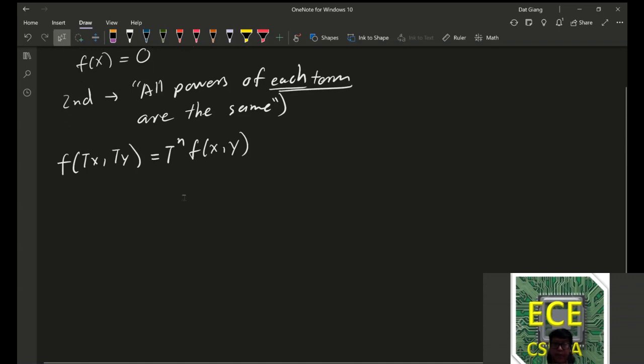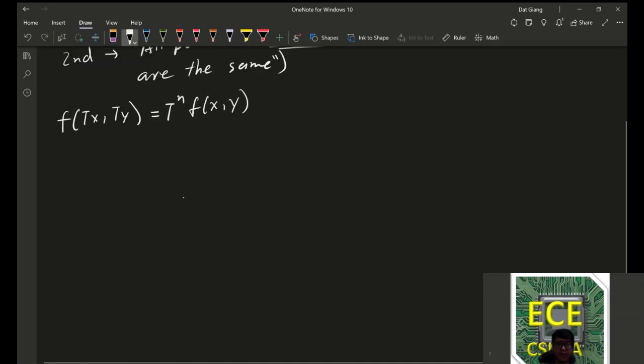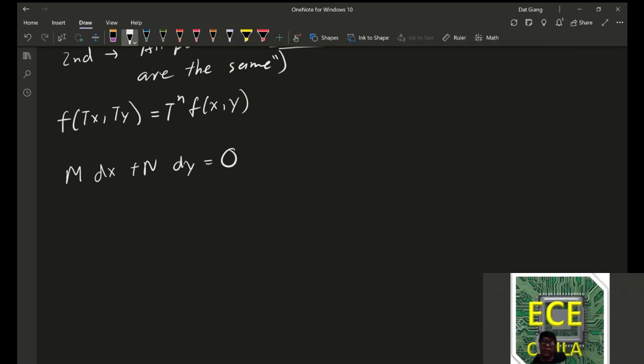Now, suppose that we're given some kind of relation M dx plus N dy equal to 0. Now, if we recall from last time, this one is just a special case of an exact differential equation. But under the condition that all powers of each term are the same, we can actually apply another method.